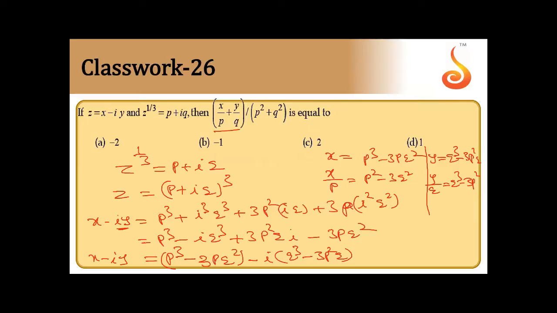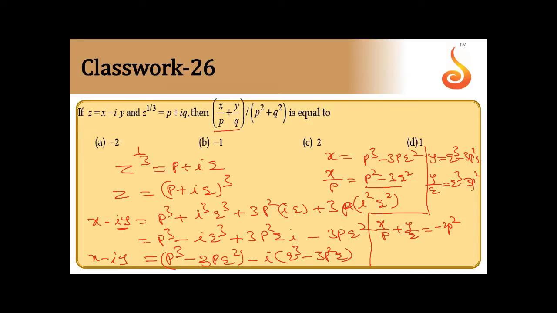Now x by p plus y by q, add both. Apurva correct, Nitin also correct. X by p plus y by q equals, adding both, minus 2p square.